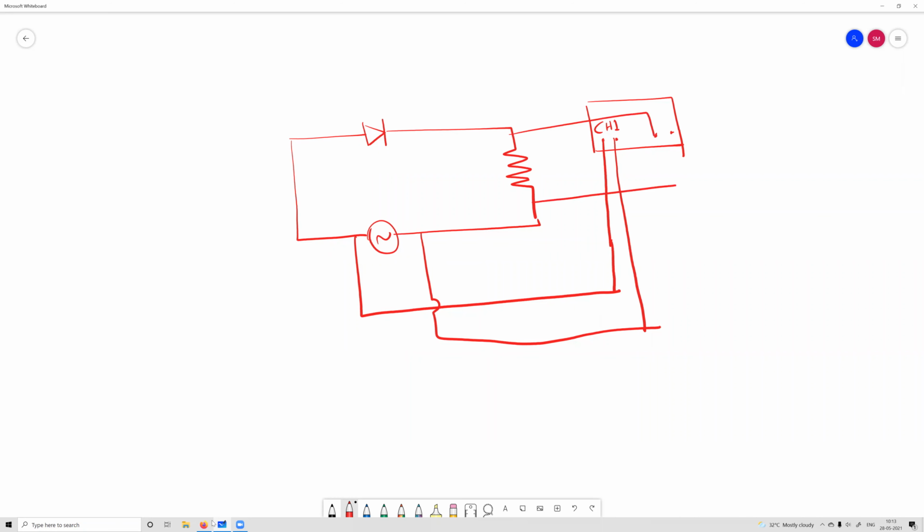The second channel is connected across the load resistance. It is not connected across the diode, which it seems. So please don't be confused. Is this circuit clear?